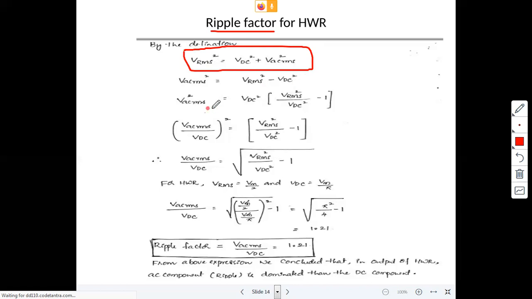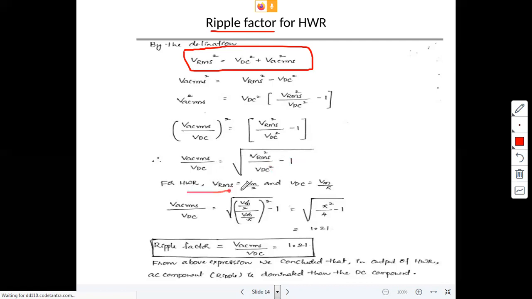Then again you can take V square DC common, V square DC into V square RMS by V square DC minus 1. Then V AC RMS by VDC is equal to under root V square RMS by V square DC minus 1.